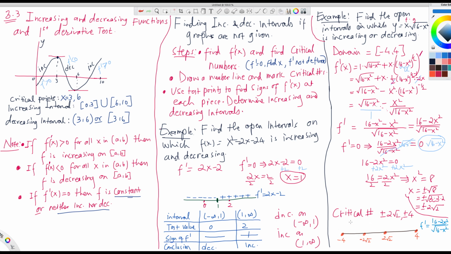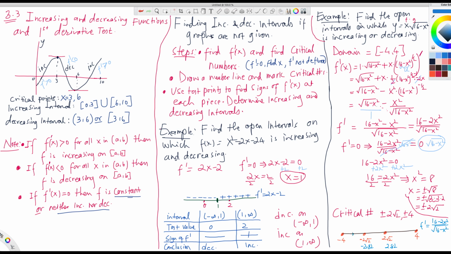How much is that value? 2 times square root of 2 is basically 2.82. So this value is negative 2.82, and this is positive 2.82. I want to know that number definitively so that I can pick a test point in the middle there, right?